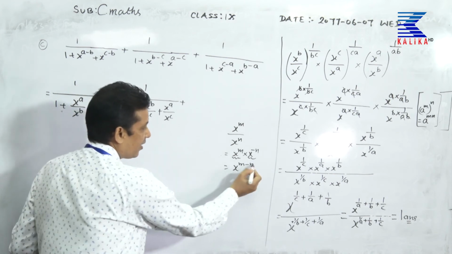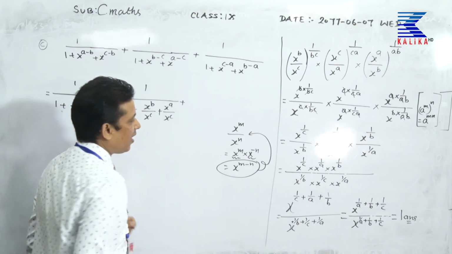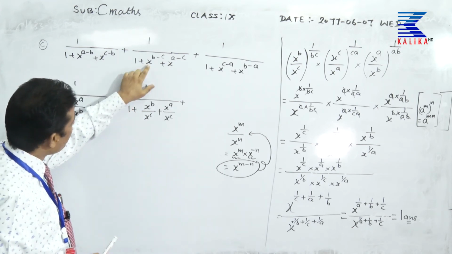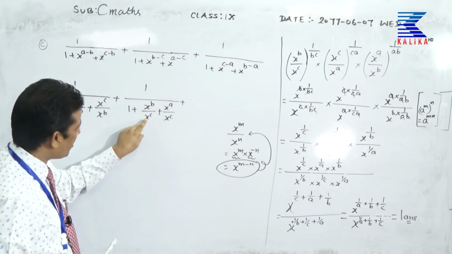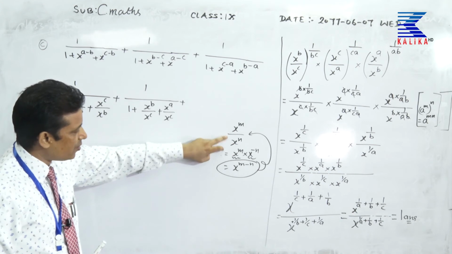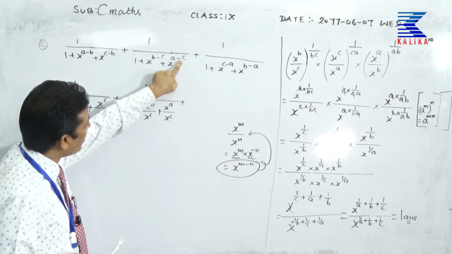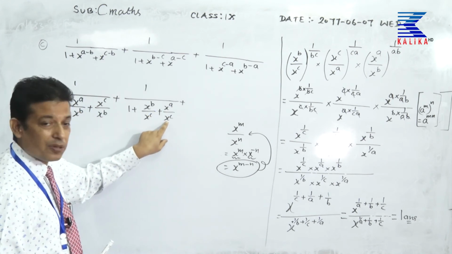It means x to the power m minus n is the same as x to the power m upon x to the power n. Similarly, x to the power b minus c is the same as x to the power b upon x to the power c. Following this fact, dear student, x to the power a minus c means x to the power a upon x to the power c.